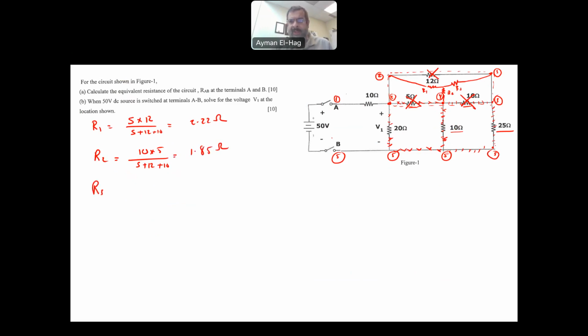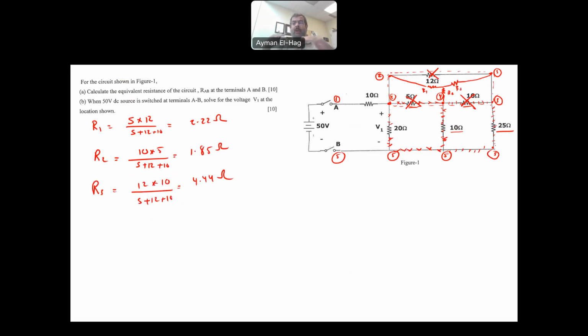Finally, my R3, which is the resistance between the 12 and the 10, will equal 12 times 10 divided by 5 plus 12 plus 10, and this will give me 4.44. So these are the three resistors.